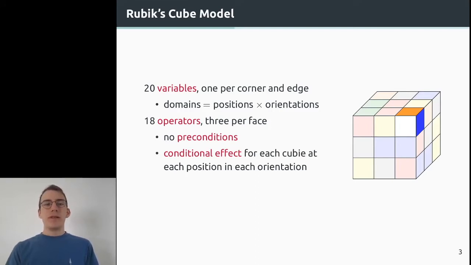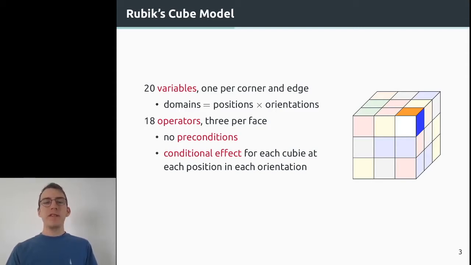Our model uses 18 operators, and this is 3 per face. One is turning clockwise, another one is turning counterclockwise, and the third is doing a half turn of the face. All of these operators have no preconditions, which means they can be applied in any of the states.